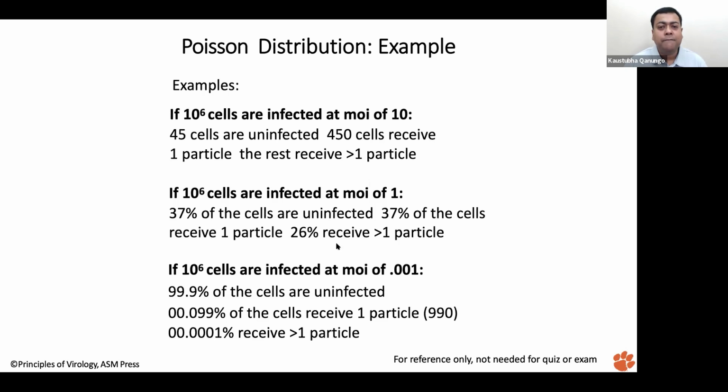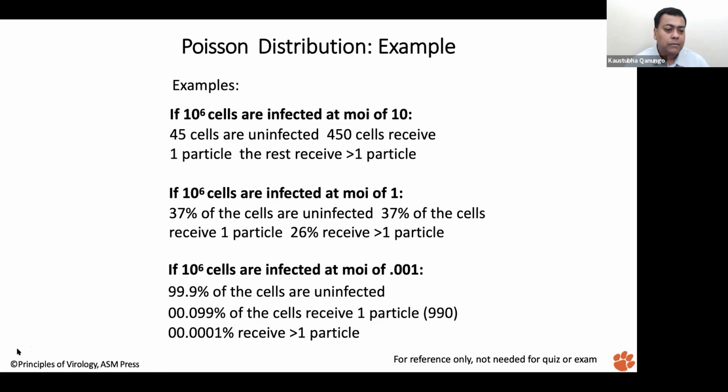If you infect the cells with an MOI of 1 or 0.001, what kind of growth curve will you get? Anyone? You can either type or talk. We talked about that. So here you will get the multi-step growth curve.